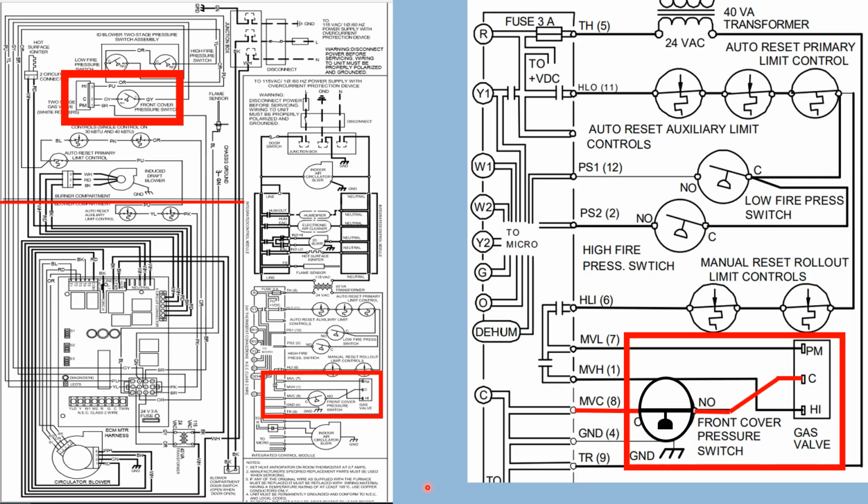So the animation that just happened there, I'm showing you the pressure switch closing because this is a 2-stage gas valve. And they're breaking the common, because remember, we have to have that circuit all the way from the power source back to the power source.